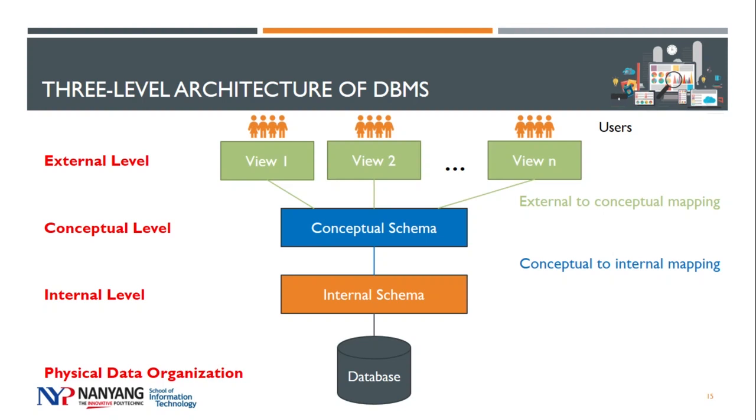And we have the internal level, which is the physical representation of the database on the computer, and this level describes how the data is stored in the database. At each level, we have a schema to describe the data in that level. So the three schemas are only descriptions of the data. The data that exists in this whole setup is found at the physical level, right at the bottom, at the database level. That is where the data are being stored.